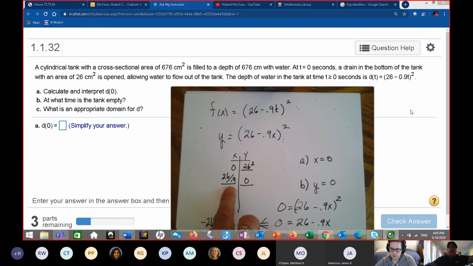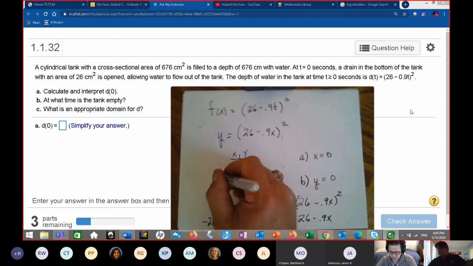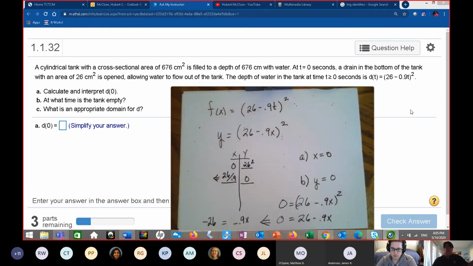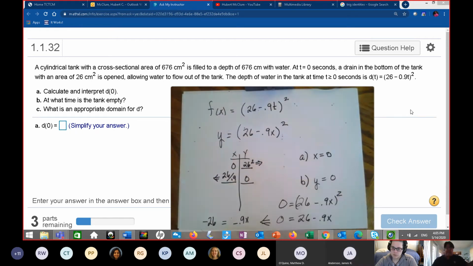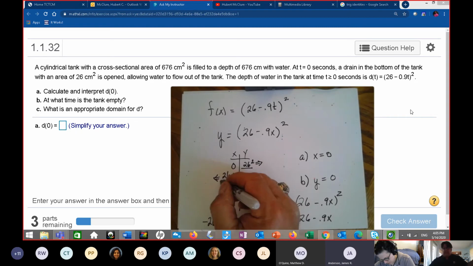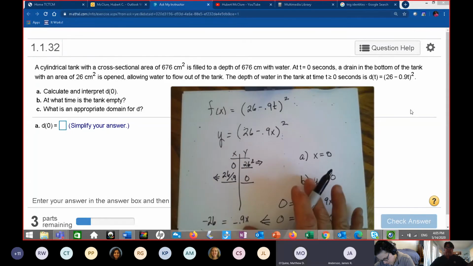What is 26 divided by 0.9? And what is 26 squared? 26.12, something like that? I'm just guessing. 26 divided by 1 would be 26, so it's going to be a little bit more than that.